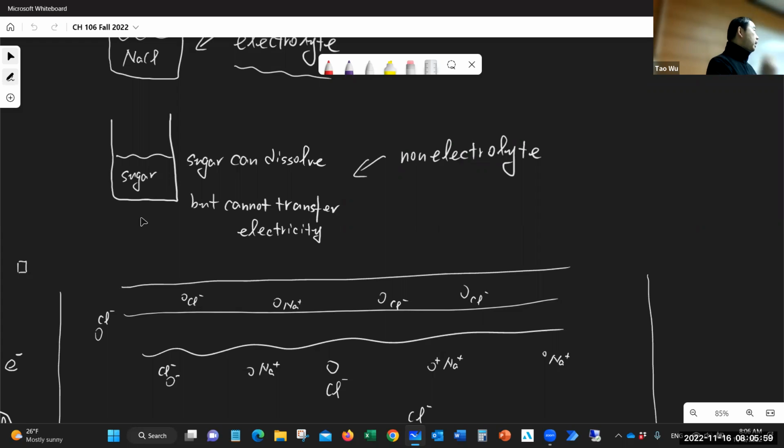They stay intact in the water, so they don't conduct electricity. We call this kind non-electrolytes.